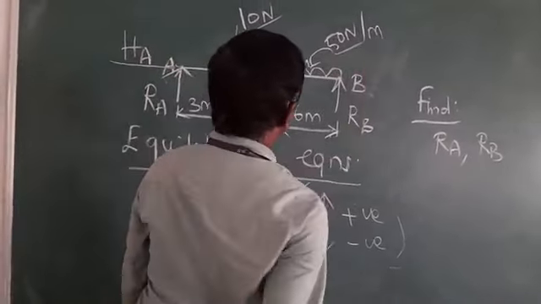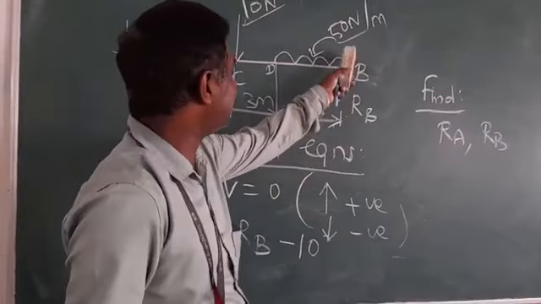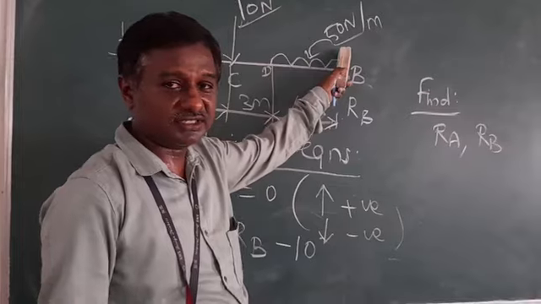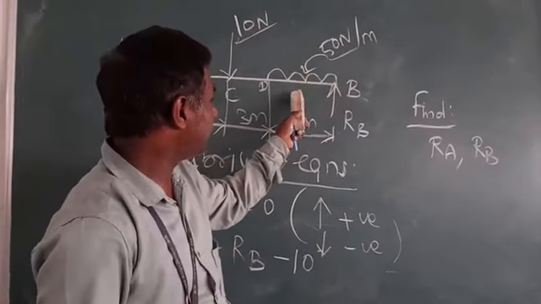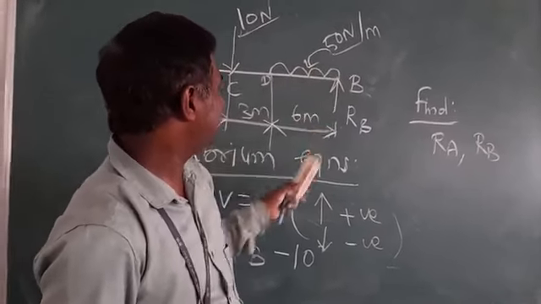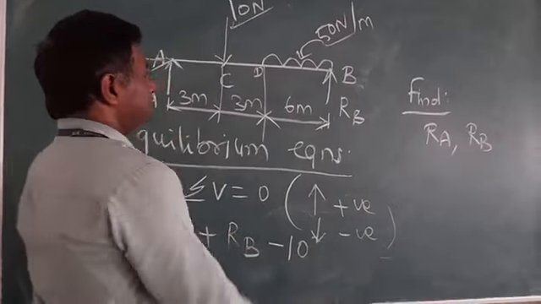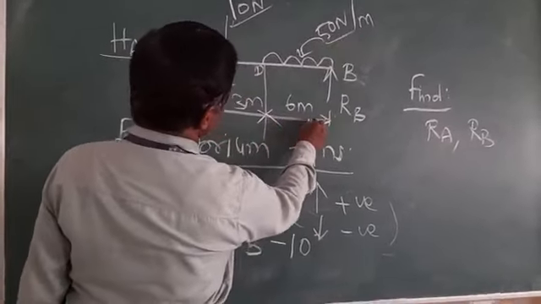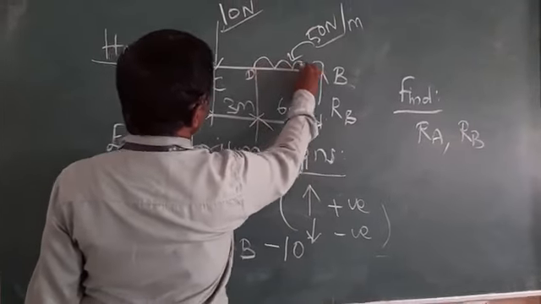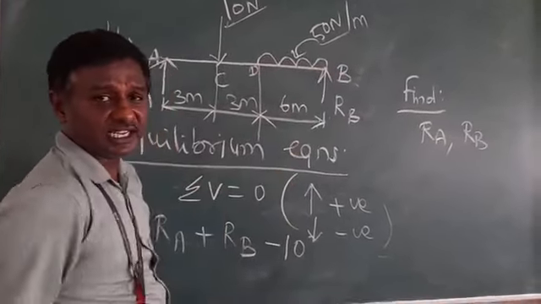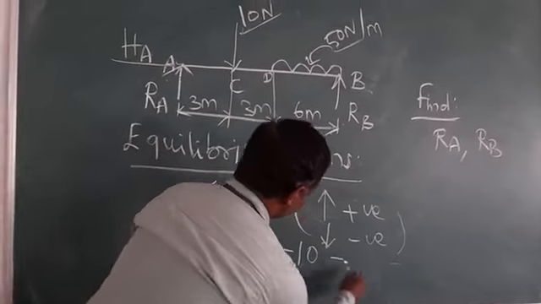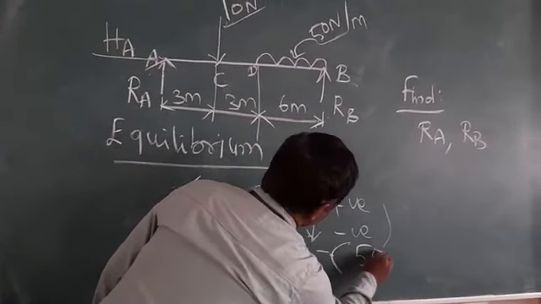Then the 50 Newton per meter is not a direct point load. We have to convert it, as already discussed. Since it is a UDL, the area gives you the total point load. So 50 into 6, and this UDL gives a downward load, so it is taken as negative.